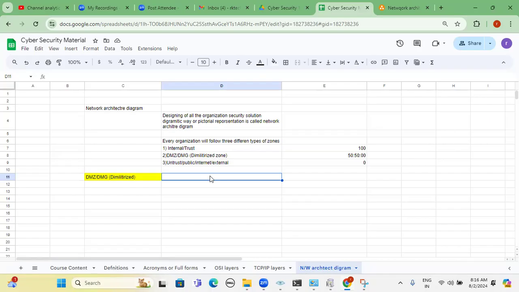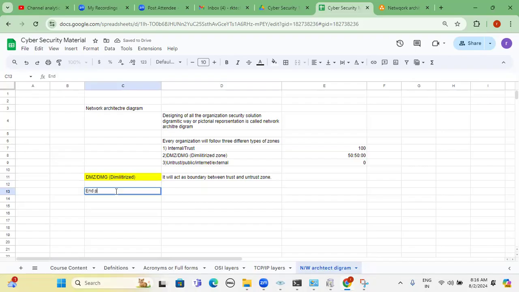That particular zone, we can call it a DMZ. This particular word came from the military, so that's why it is called demilitarized. It will act as a boundary between trust and untrust zone. Okay, so that is DMZ.